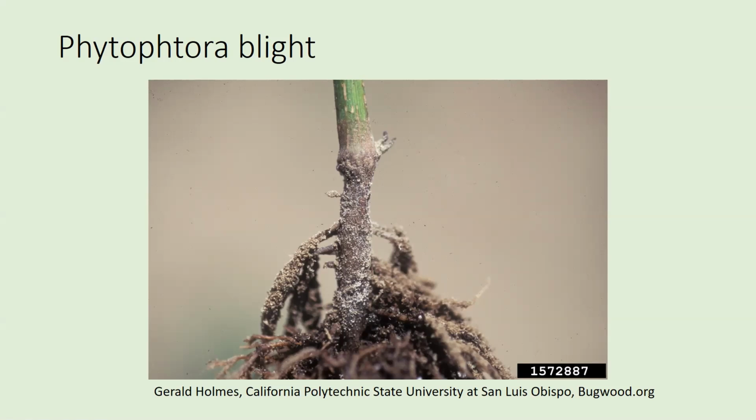So if we've had a lot of rain and it's the middle of the summer, you may see a lot of Phytophthora blight. The control for the Phytophthora blight is using resistant varieties.